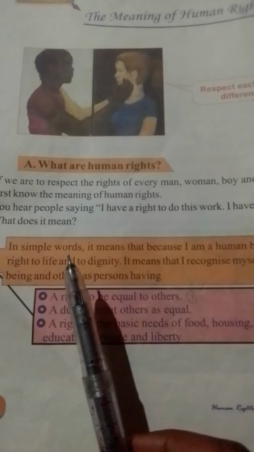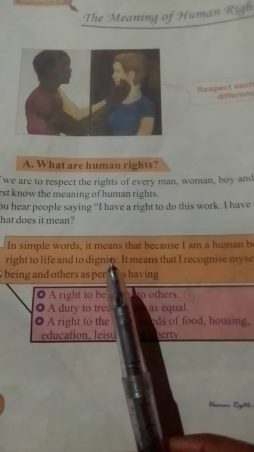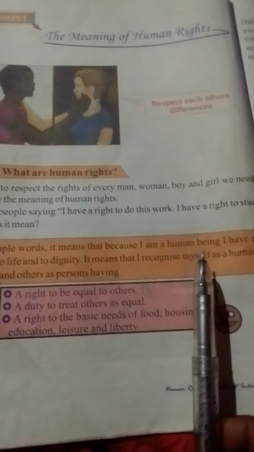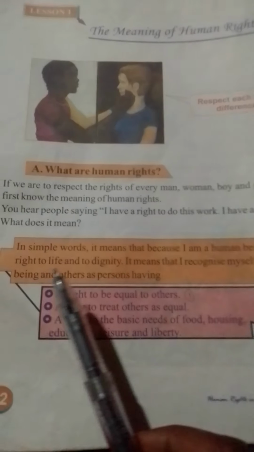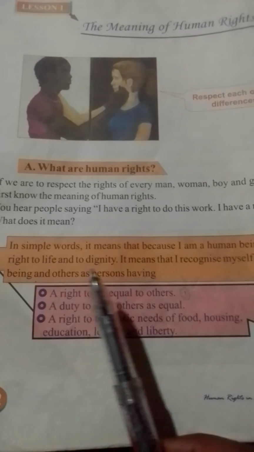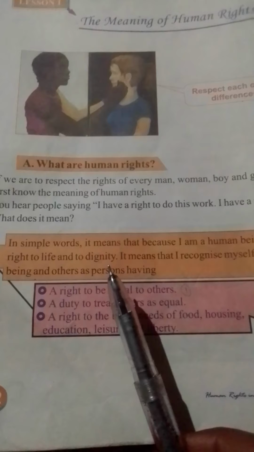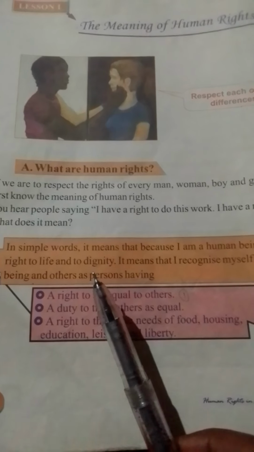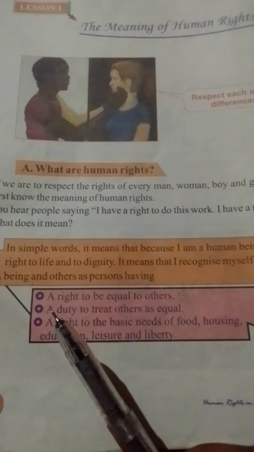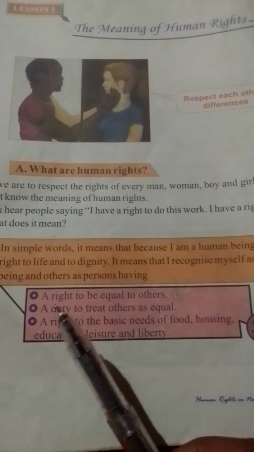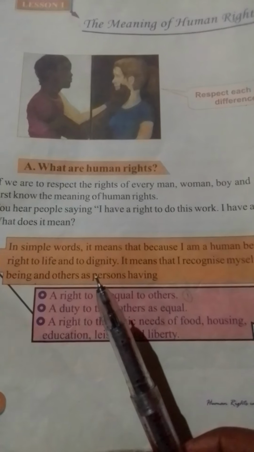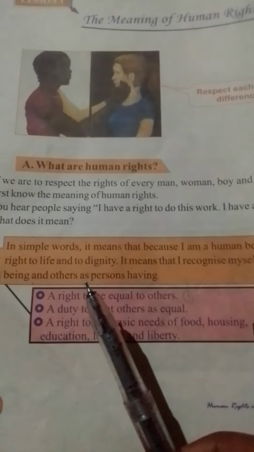In simple words, it means that because I am a human being, I have a right to life and to dignity. In simple words, we can say that as a human being, we have a right to our own life and to our own dignity.